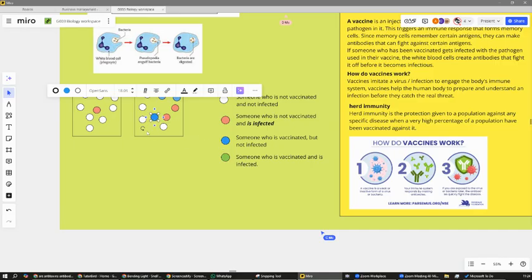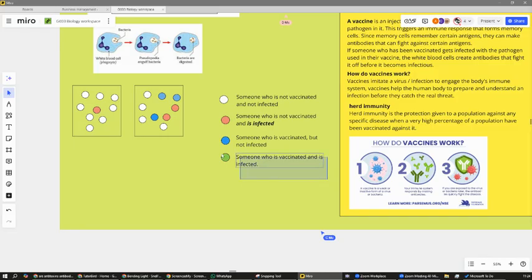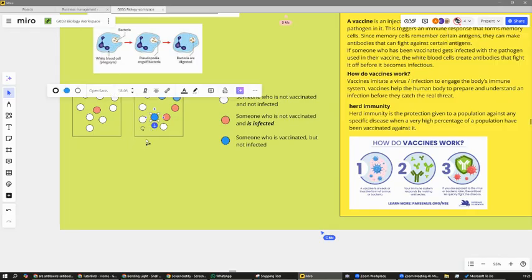Actually, maybe this fourth one is unnecessary. Let's change that, because if they get infected when they're vaccinated, it doesn't really change much. I think we're overcomplicating things by adding that fourth one. So they do get infected, but they recover quite quickly, and so we can say that they don't get to pass it on to anybody else.